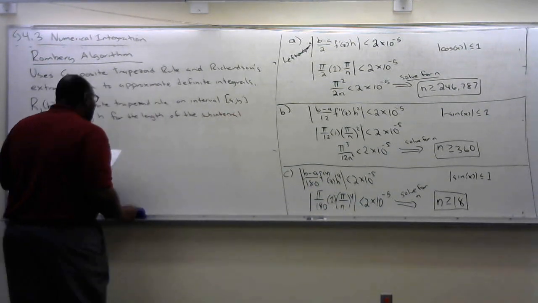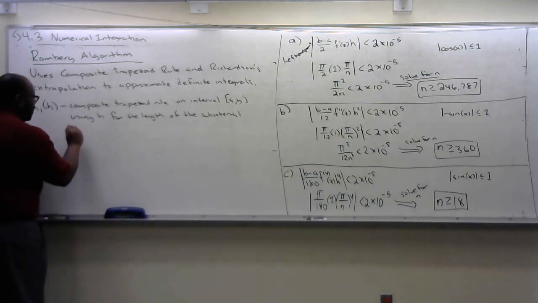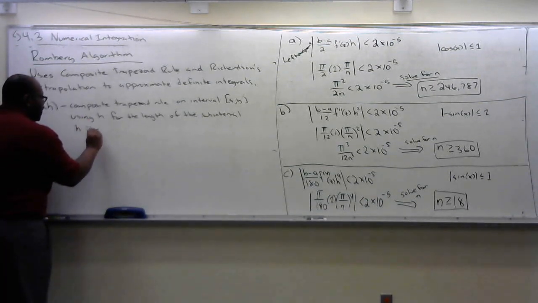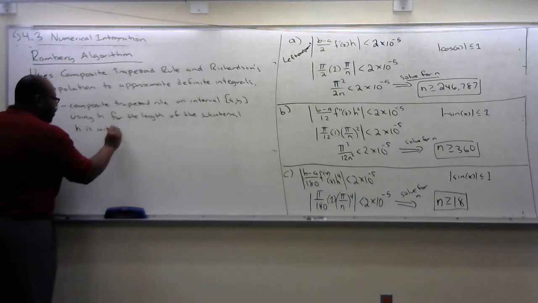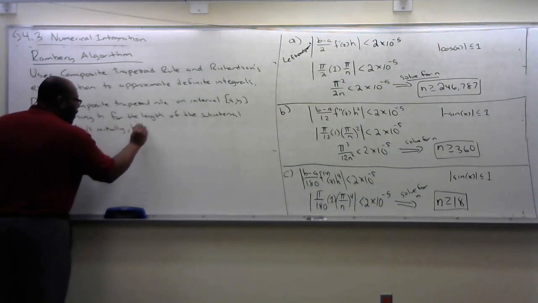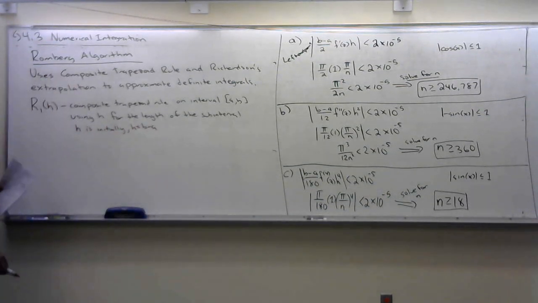Initially we have h equal to b minus a, which is the distance between a and b. So for the first one, R sub 1, h, my initial h is going to be b minus a, and then remember we're going to halve it each time, just like we did with Richardson's extrapolation.